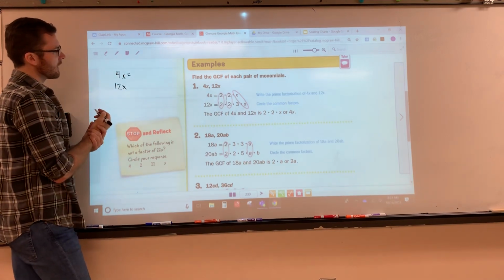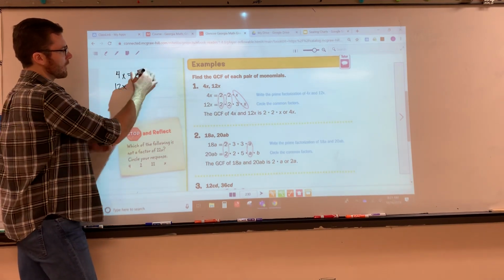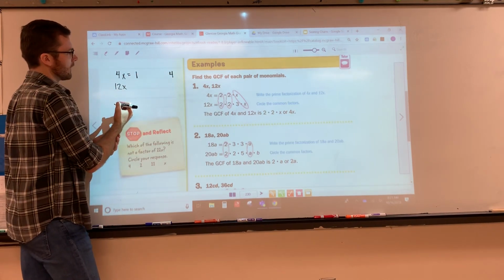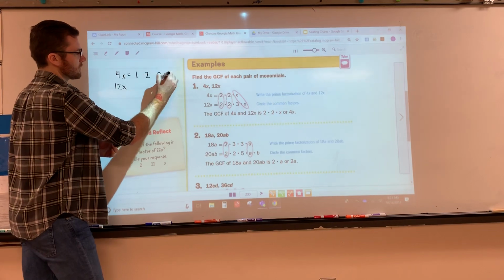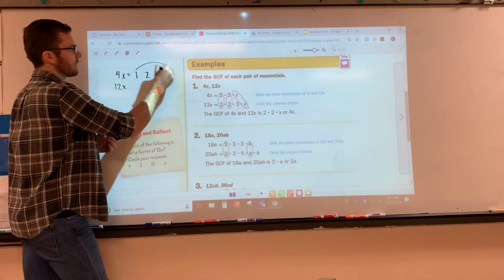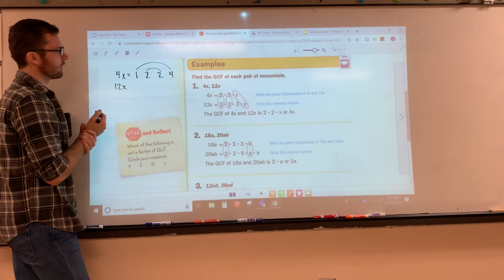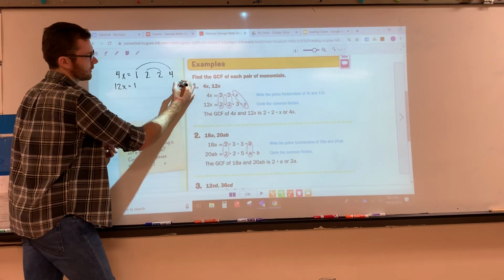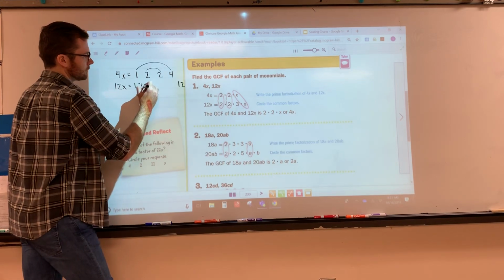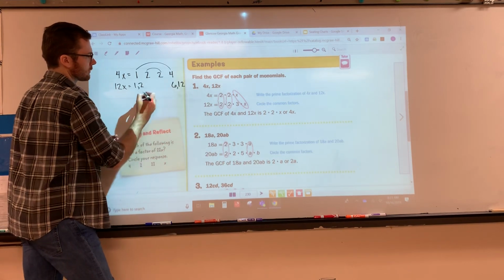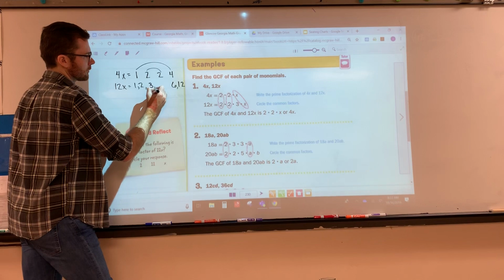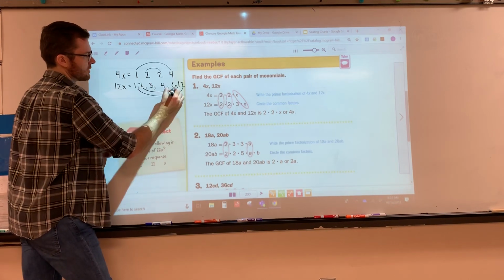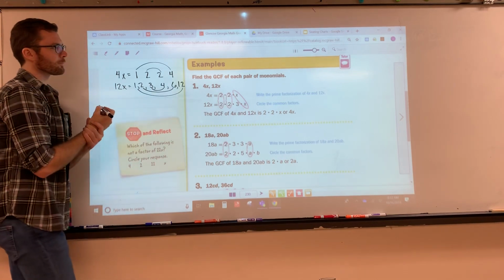So here I have 1 times 4, I have 2 times 2. So these are the factors of 4, and these are the factors of 12. We've got 1 times 12, 2 times 6, and 3 times 4.